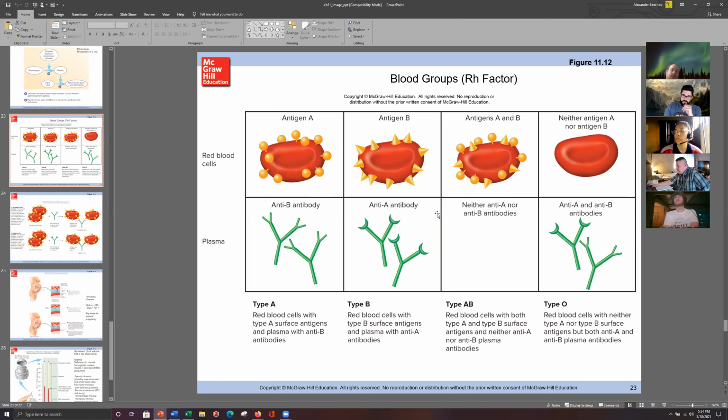Same thing goes for somebody with type B. They'll fight against any kind of type A blood. But type O individuals are kind of interesting. They're the universal donor, but they can only receive blood from other type O individuals because they produce both sets of antibodies that fight against both A and B surface antigens.